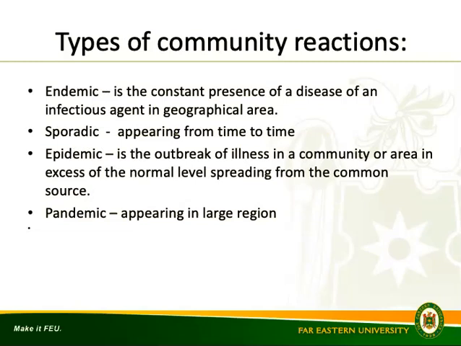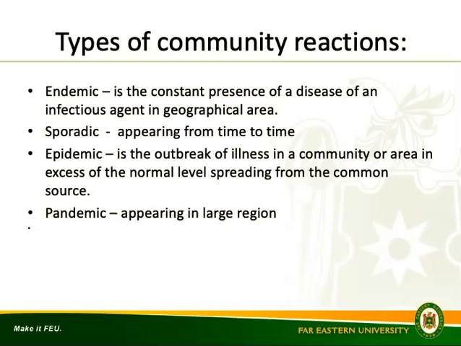Now, sporadic refers again to diseases that occur infrequently and irregularly, as opposed to endemic, which is the usual observed level of occurrence. With sporadic, the occurrence of disease is infrequent or irregular.